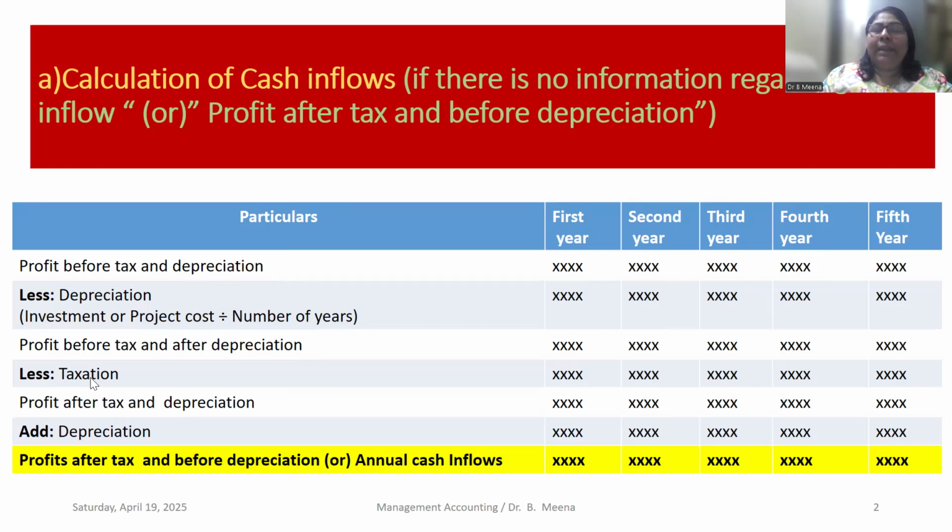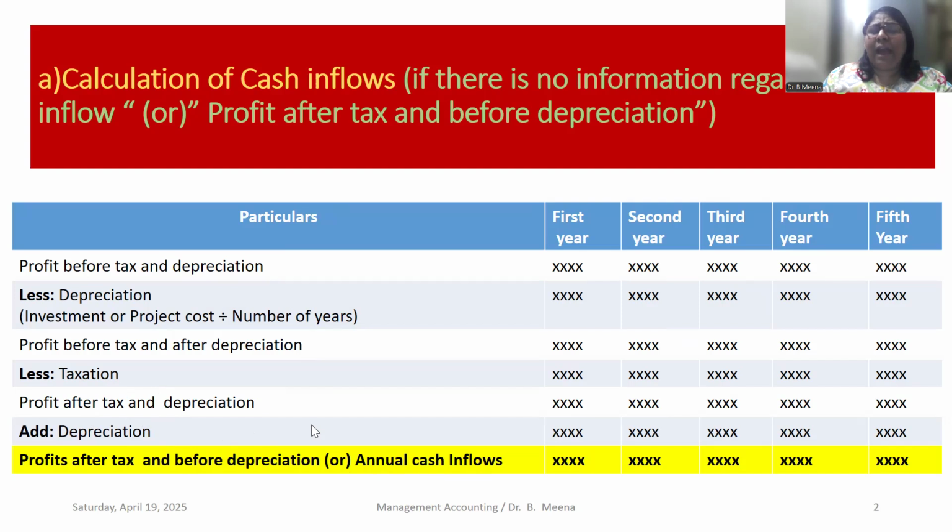The next step is to deduct the taxation. Once you deduct the taxation, your answer is profit after tax and after depreciation. So for the annual cash inflows inclusive of depreciation, that is why we add the depreciation back, and it's the final step.